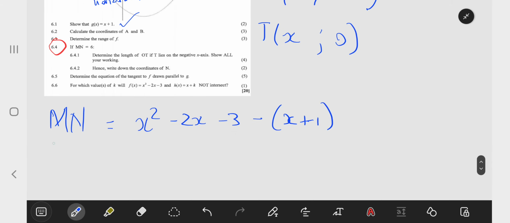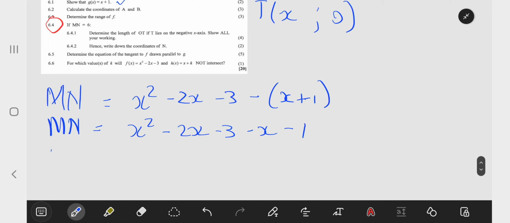Okay, so MN is equal to x squared minus 2x minus 3, and we multiply the x by the minus, which gives minus x, and it will give minus 1 there. So when we simplify, MN the vertical distance is x squared minus 3x minus 4, right?